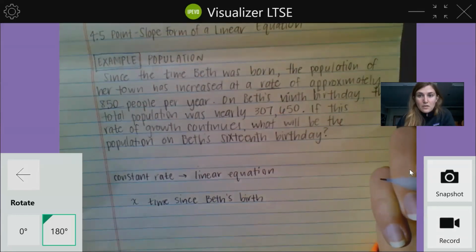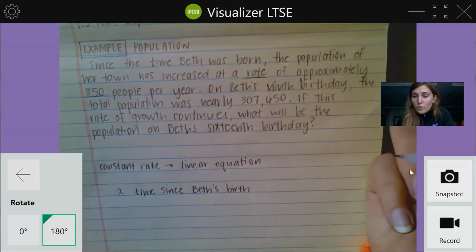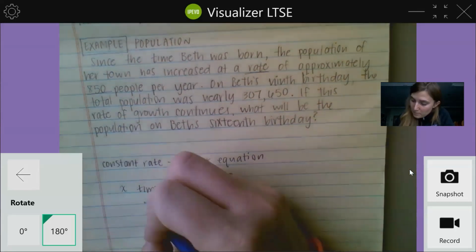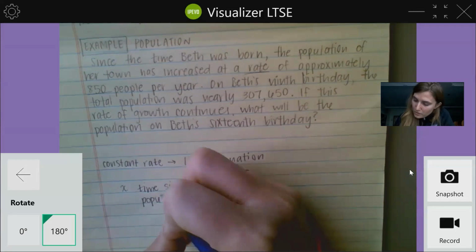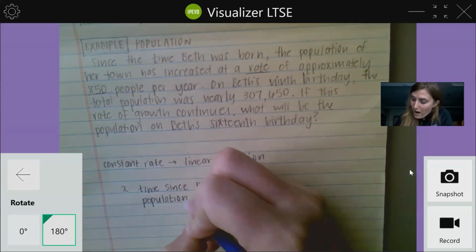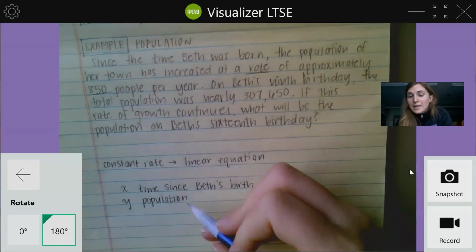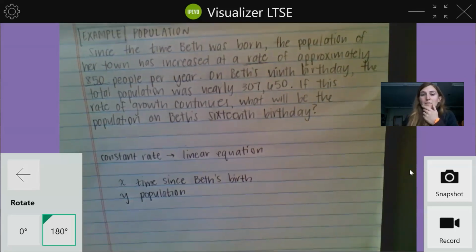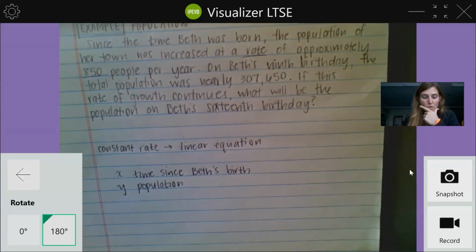And then the population is the other quantity that's varying, right? The population. So that will be our Y, since that is dependent on how much time is passing. Okay, and then the other piece of information that we know is our rate of change, or our slope.